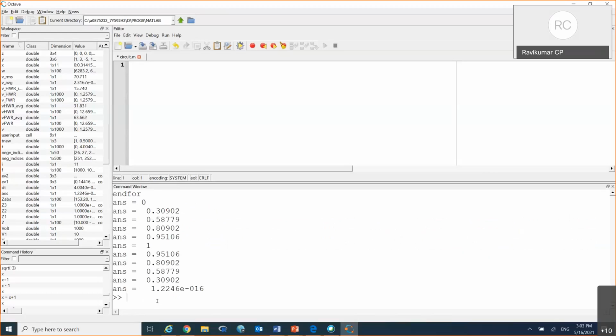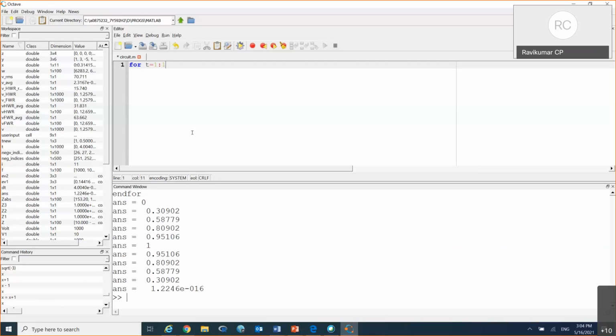For loop means you have to write like this, for, and you can choose some variable like i, j, k, whatever. I suggest you don't use i, j, k, because as I told you, i stands for the imaginary part of a complex number. Let us say we use something else like t, so t equals 1 to 10 or whatever.